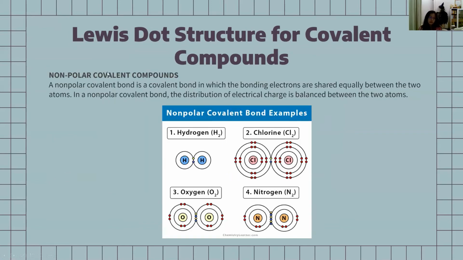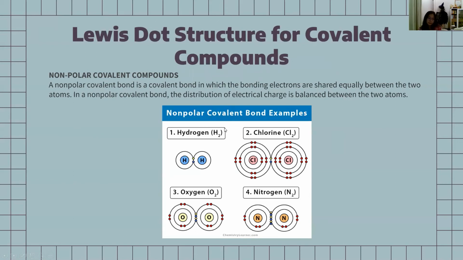Now, there are also nonpolar covalent compounds. A nonpolar covalent bond is a covalent bond in which the bonding electrons are shared equally between the 2 atoms. In nonpolar covalent bond, distribution of electrical charge is balanced between the 2 atoms.